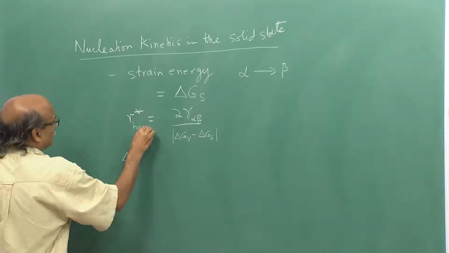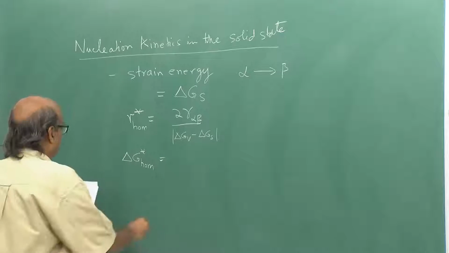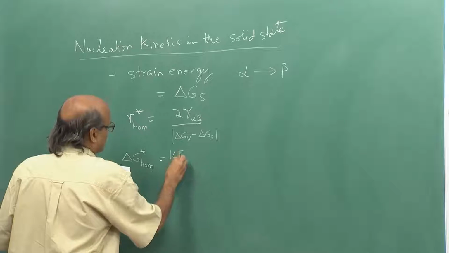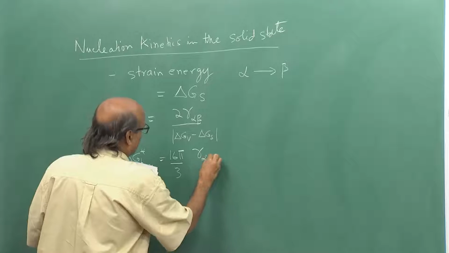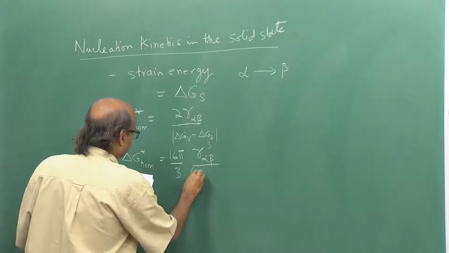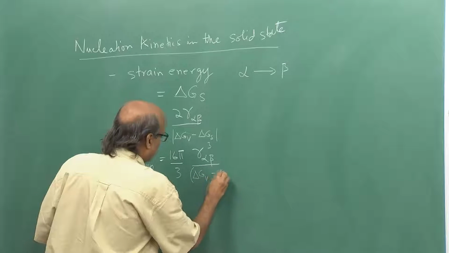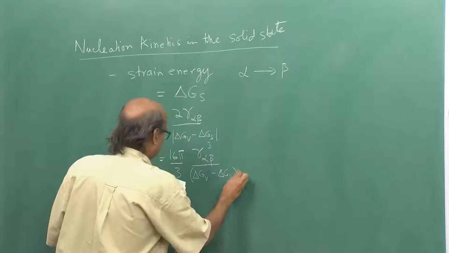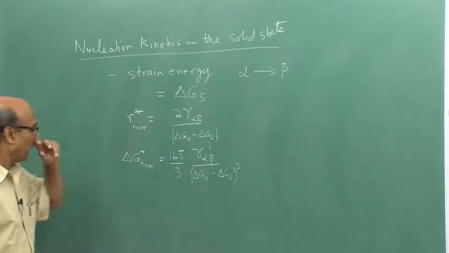So, let me also write it as homogeneous. Well, this becomes 16 pi by 3 gamma alpha beta cube upon delta GV minus delta Gs cube. So, the free energy associated with the critical size nucleus also goes up, so the energy barrier is higher.